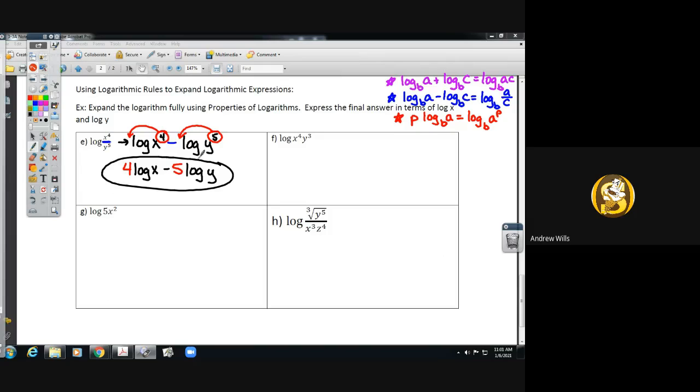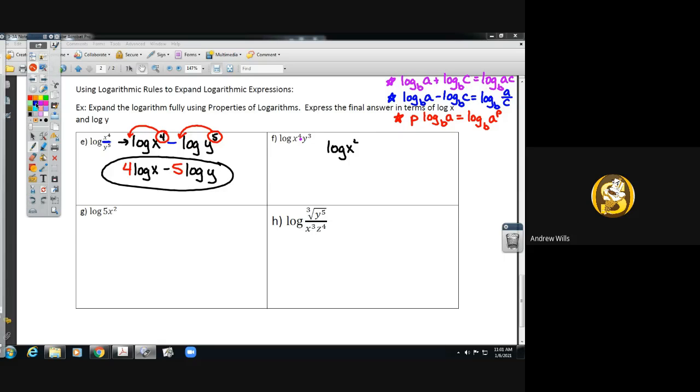Log of x to the fourth, y to the third. Again, we need to recognize that x to the fourth, y to the third is a product. It is being multiplied, which means I can split it into two separate logarithms. Log of x to the fourth plus is the key.